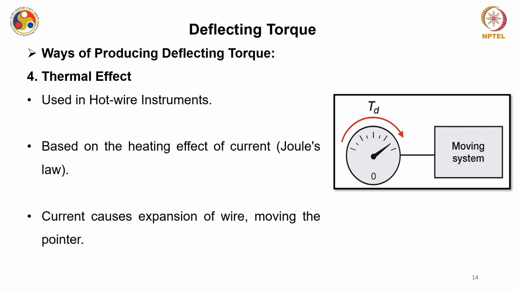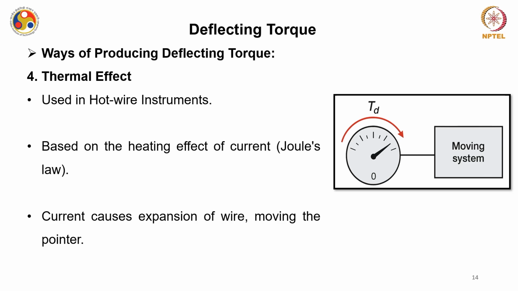Now, there are other ways also of producing this effect, like the piezoelectric effect or the thermal effect. Thermal effects are localized in the hot wire kind of instrument because they are based on the heating effect of the current, or Joule's law. So, current basically causes expansion of the wire.